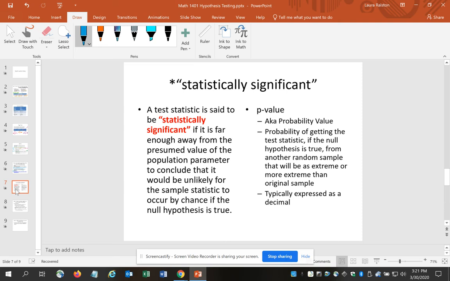And if I continue to do that over and over and over again, how likely is it that I'm going to consistently get a value that's close to that particular test statistic over and over again?